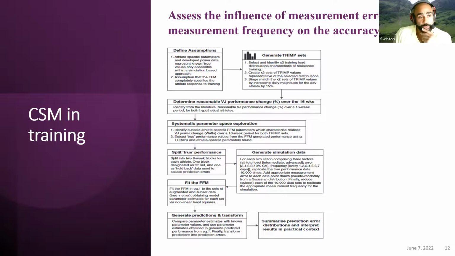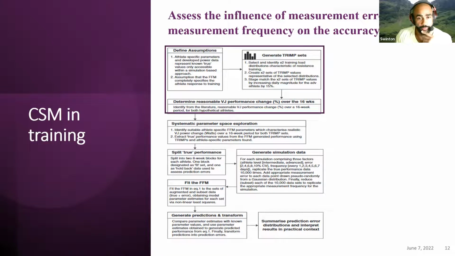So this shows the workflow of the CSM. First we develop representative training programs and parameters so that the change over time represents what we typically observe in practice. In other words, athletes may make about a 5% improvement over a 16-week training period.